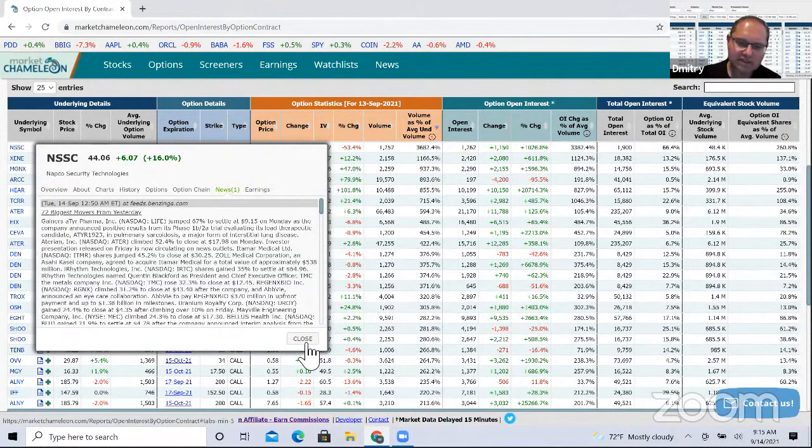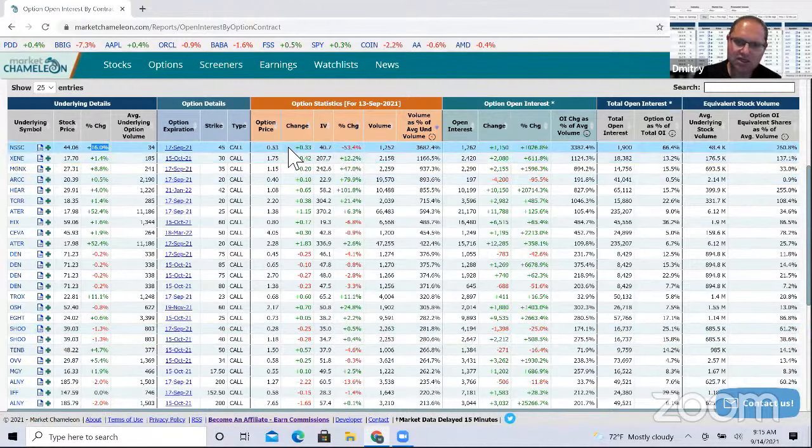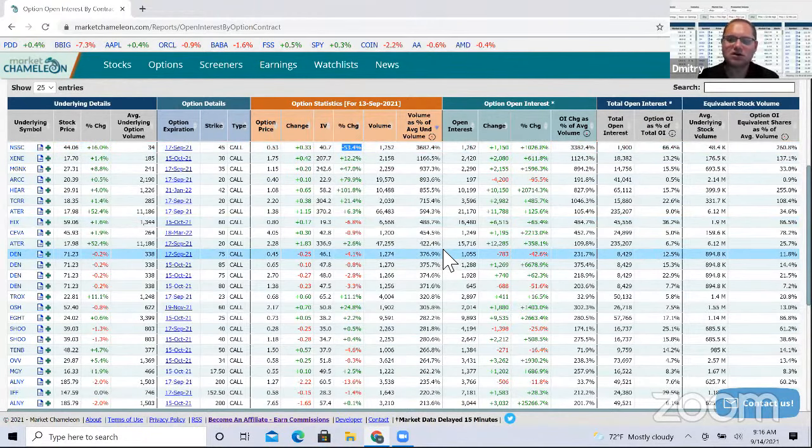But also what I see is that the price of this option did increase, right? It increased 33 cents, but the implied volatility got crushed, down 53%, basically cut in half.